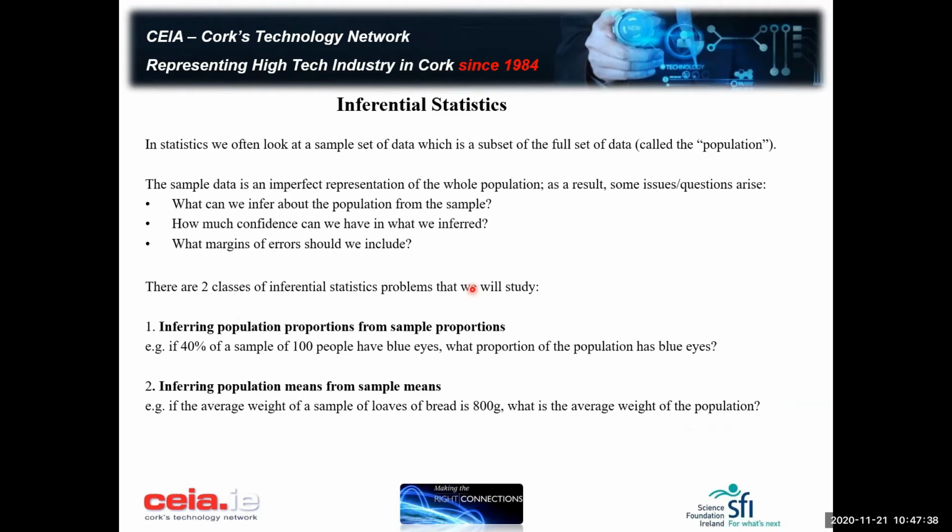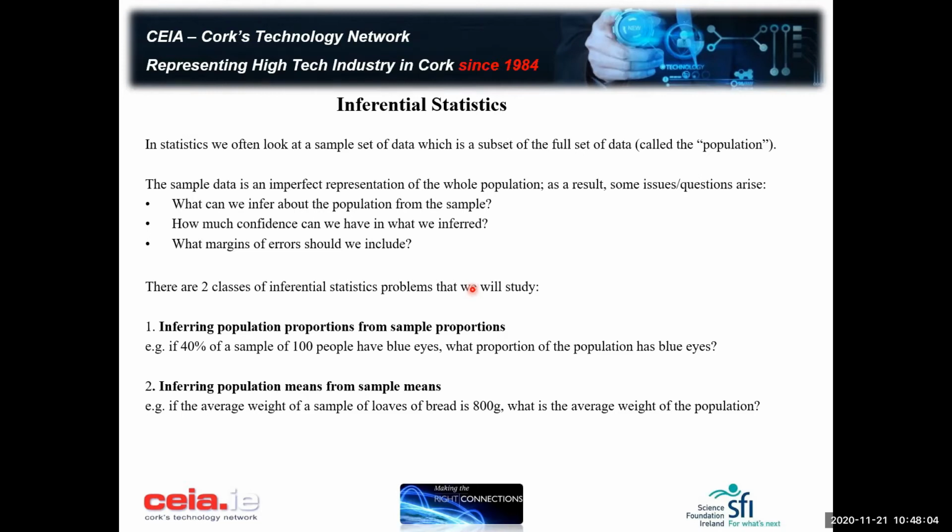The idea of inferential statistics is that you look at a sample, a subset of data, and you try to infer characteristics about the main population from that sample. A sample could be a survey, or it could be some other means of sampling.